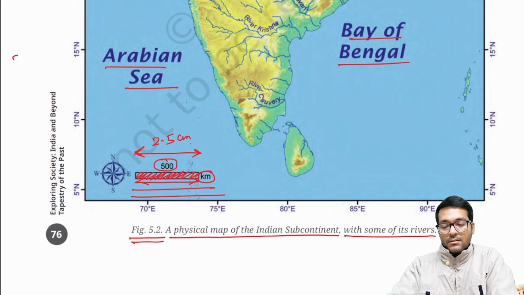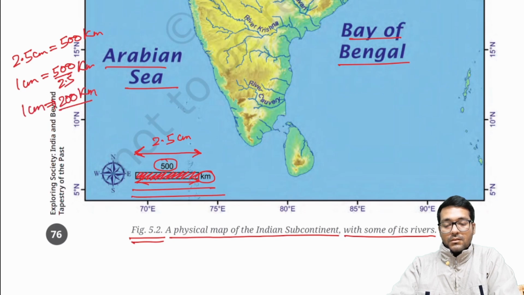The scale is 2.5 centimeter is equal to 500 kilometer, or 1 centimeter is equal to 500 divided by 2.5 kilometer, or 200 kilometer.